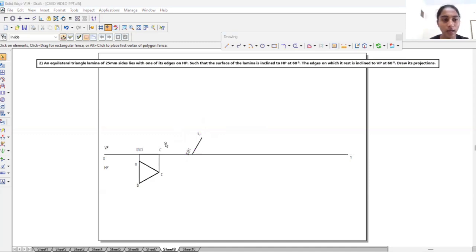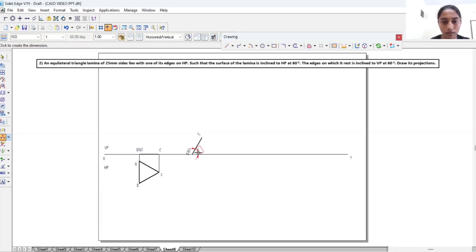We will measure this angle by taking the angle between option, from here to here is 60 degrees. And by taking smart dimension, we will measure this distance, that is 25 mm.